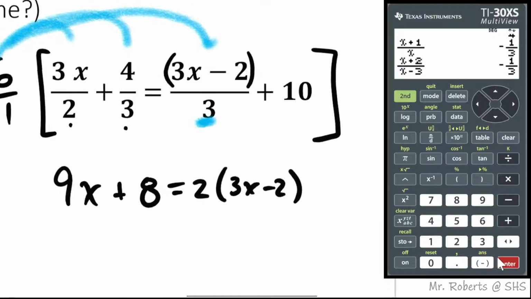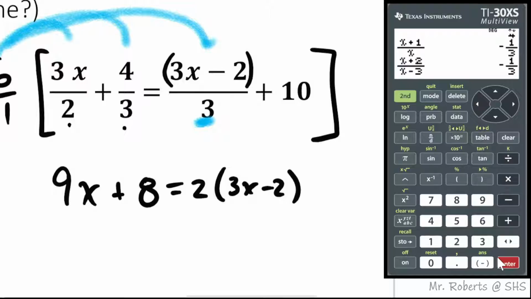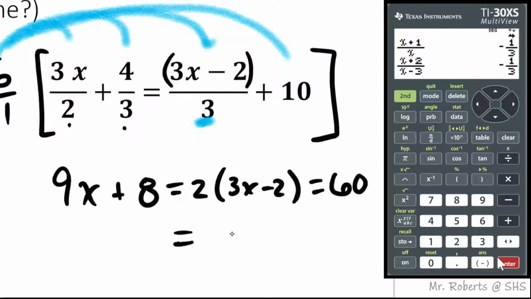And then the last one I'm going to multiply is this. I'm going to multiply this 6 times the 10, and 6 times 10 is 60. So just a quick bit of simplifying. This is 6 times x minus 4, plus 60.